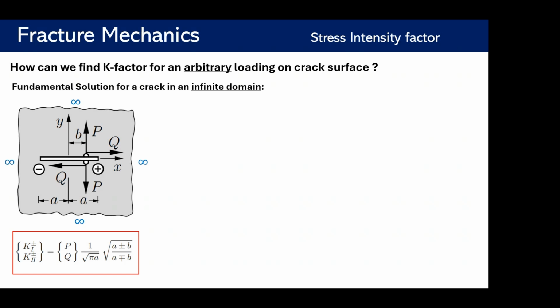So K on the right tip is equal to 1 over A plus B over A minus B. But on the left tip, the formula should be A minus B over A plus B. So the first one is a fundamental solution for the right tip or near tip.